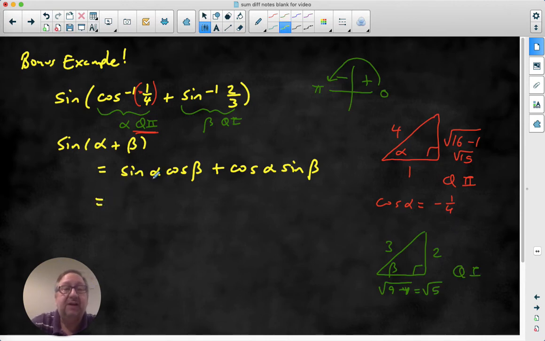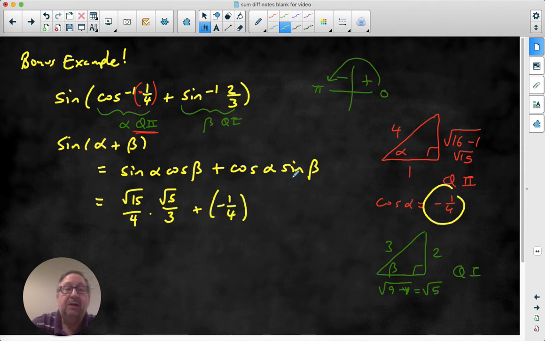So sine of alpha is root 15 over 4. Quadrant 2 signs are still positive. Cosine of beta, we're down here, adjacent root 5 over 3. Plus cosine of alpha, we're coming up to here again. Cosine is 1/4, but we already have the value. It's negative 1/4, quadrant 2. Finally, sine of beta, we're down here, and we already knew that, 2/3.